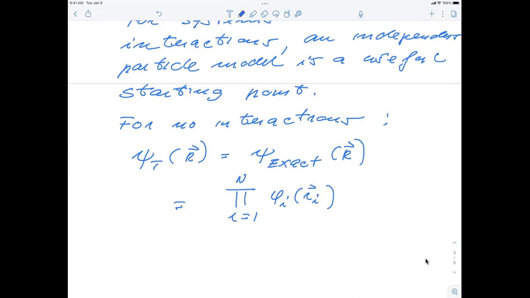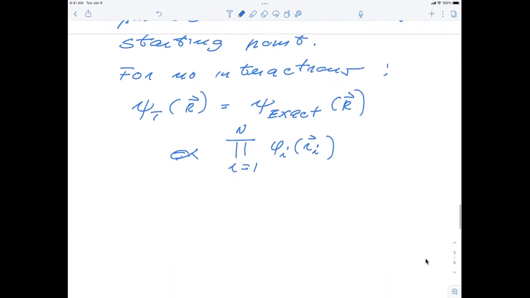The wave function is proportional to the product, because we have to specify whether this is an antisymmetric or symmetric trial wave function. But let's just write it proportional. The exact one would have to be symmetric or antisymmetric, if we are dealing with fermions, for instance. But what we can have now is a system which we can solve exactly.